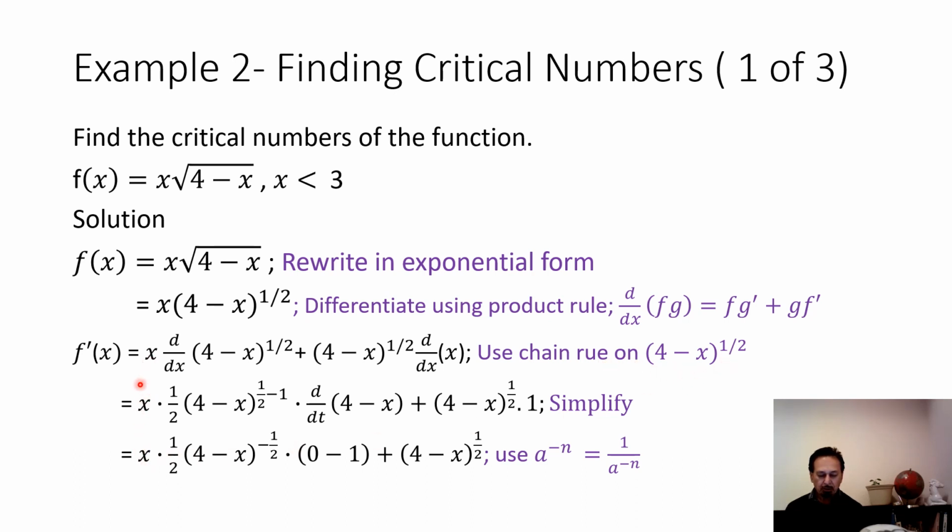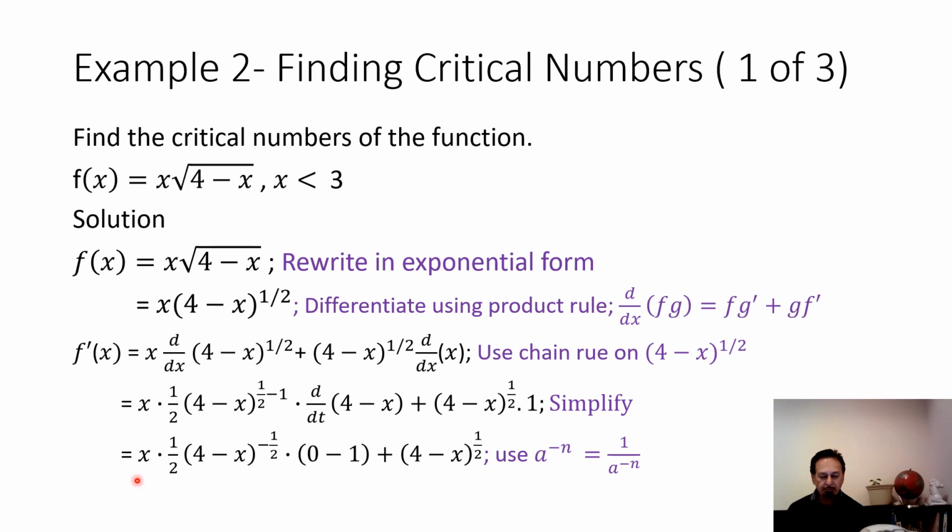So let's bring down x and then differentiate this one. Using the chain rule, bring the power down and rewrite 4 minus x and subtract 1 from 1/2. But outside you multiply by the derivative of the inner function 4 minus x, plus (4 minus x) to the 1/2, and the derivative of x is just 1.